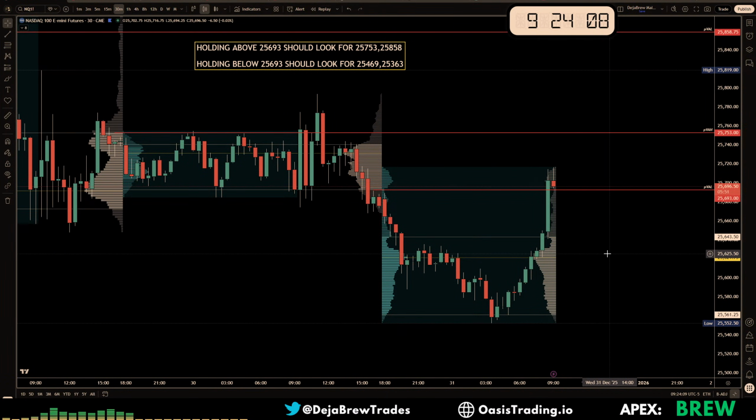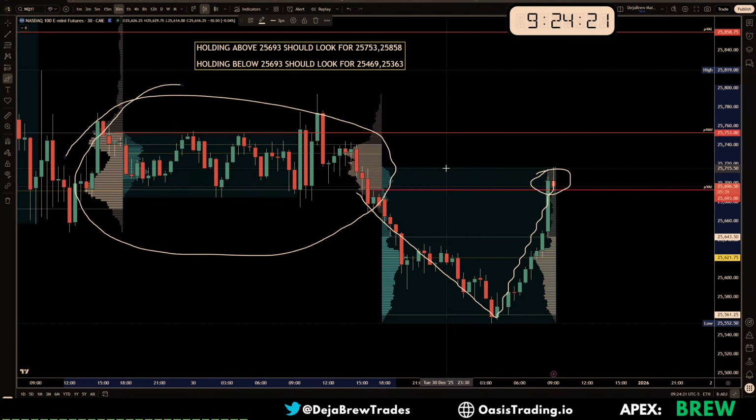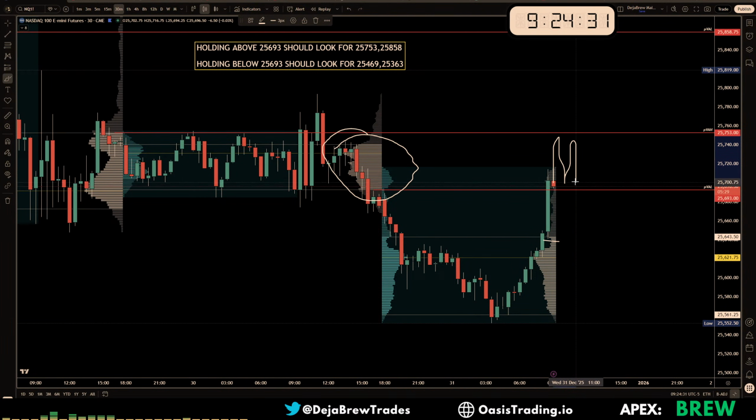Okay, it's nearly bar by bar identical on NASDAQ. We tried to lose value, which it did for a little bit, but now it's recovering that value, and we are back into the overlap. So if it continues to protect these 30-minute candles, then it's still slightly bullish, but if it just begins chopping around the overlapping value, then it's just neutral again.